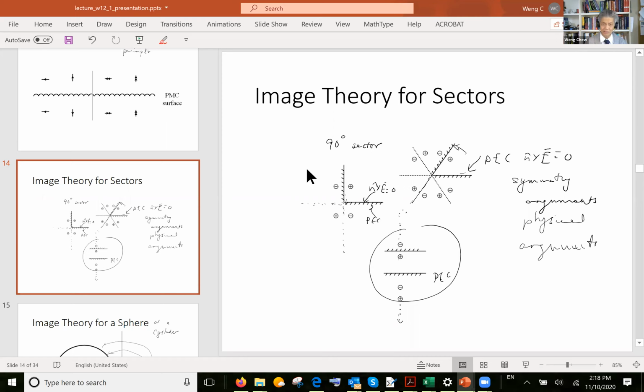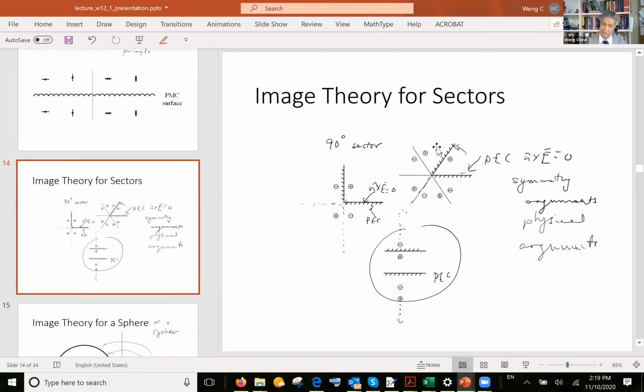I say that if I put a charge here, it should have an image there. And then if I put another one here, it should have an image there. But if you look at the foursome together, there should be no tangential electric field on this plane. So I can put a PEC surface there. And similarly, I can say that if I have this foursome, then it produces zero field on this plane, and hence I can change this to half.